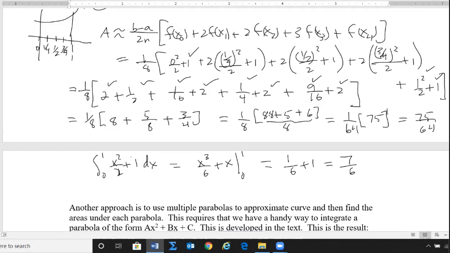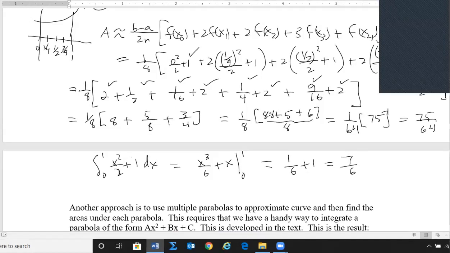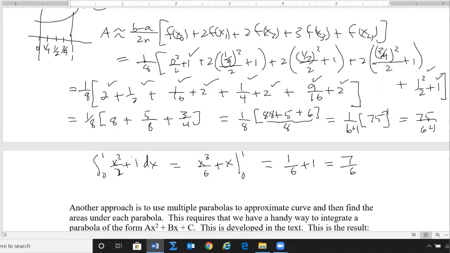Okay, so how close are the two? Well, over here, this is exactly 1.171875, and this one is 1.166 repeating. So pretty close to the actual. I guess it would depend on the concavity of the curve, which has an effect on your accuracy.